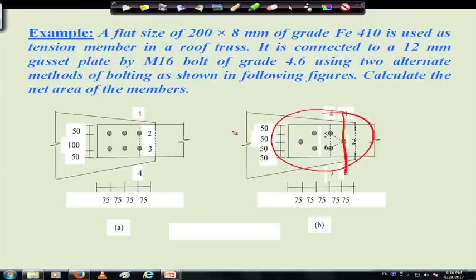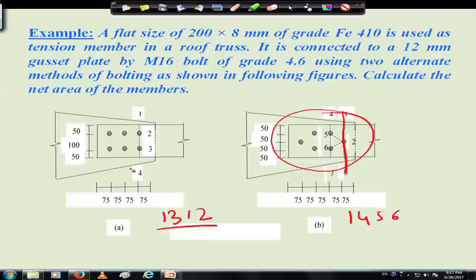And if you remember, here the critical sectional area we are getting is 1456 millimeter square, and for this we are going to find out the net area as 1312, right.